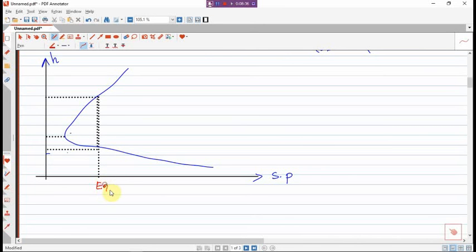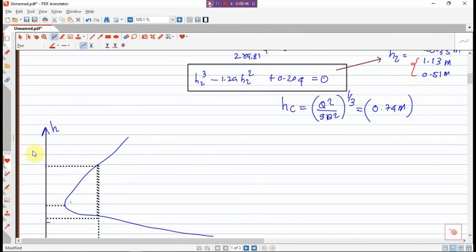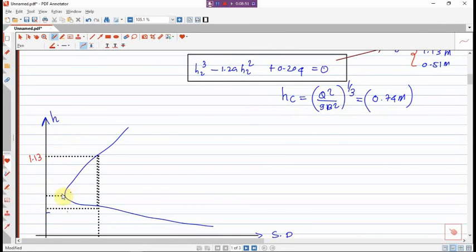One is greater than the critical depth, and the other is less than the critical depth. Here 1.13, then this is the critical depth, 0.74, and one is less than critical, 0.51.